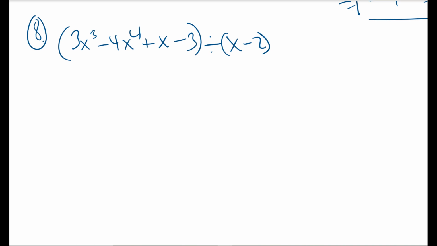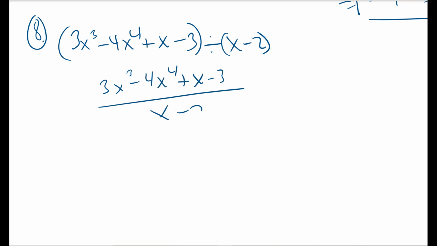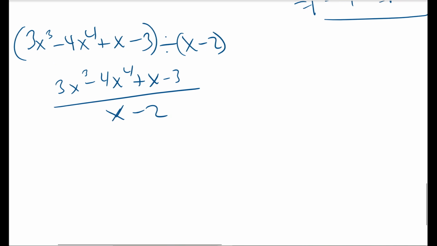Which sometimes you can see this written as a fraction. So if you see it written as a fraction, that means the same thing, okay? So make sure that this right here is in standard form first, okay? So let's convert it over to standard form before we even do anything.